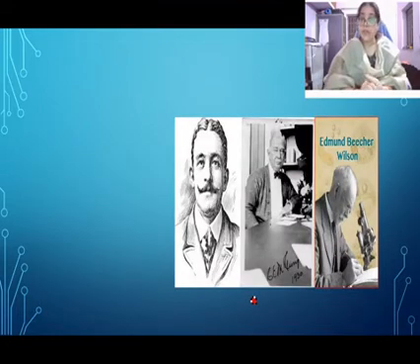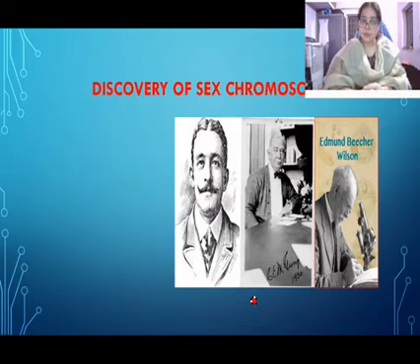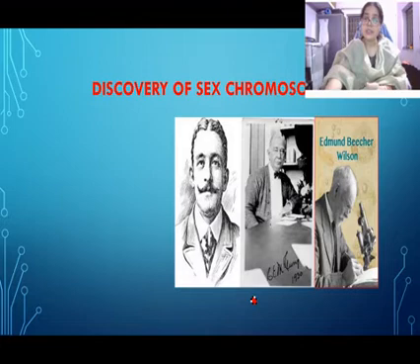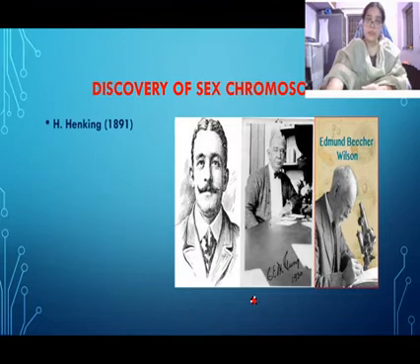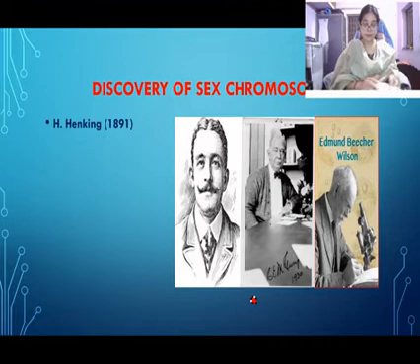Now we have to see the discovery of sex chromosomes. Three scientists led to the discovery of the sex chromosome. First was H. Henking, who in 1891 performed an experiment on insects.